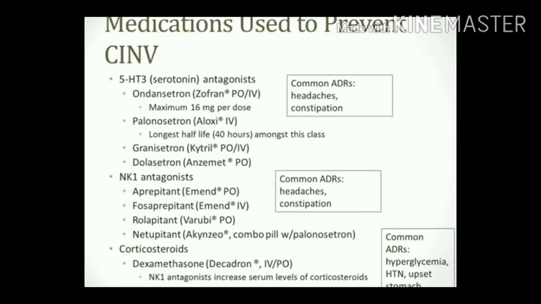Corticosteroids like dexamethasone also add efficacy, but NK1 antagonists increase the serum levels of corticosteroids. Every drug will have side effects. Here also there are common ADRs: headache, constipation, hyperglycemia, hypertension and stomach upset.